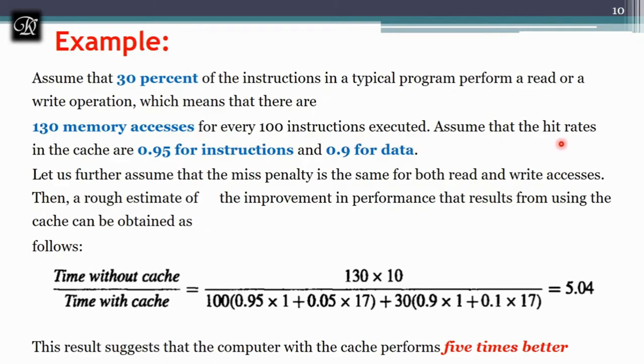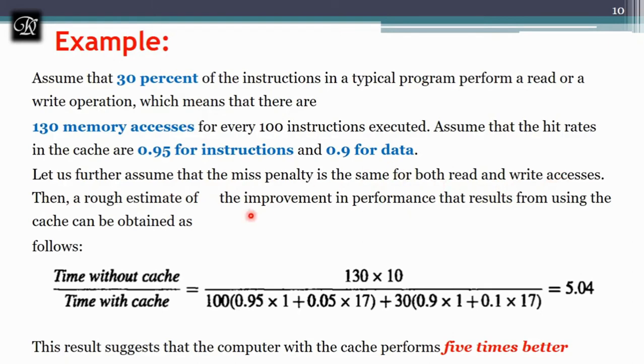Assume that the hit rate in the cache is 0.95 for instructions and 0.9 for data, that is, for operands. Let's assume the miss penalty is the same for both read and write access.